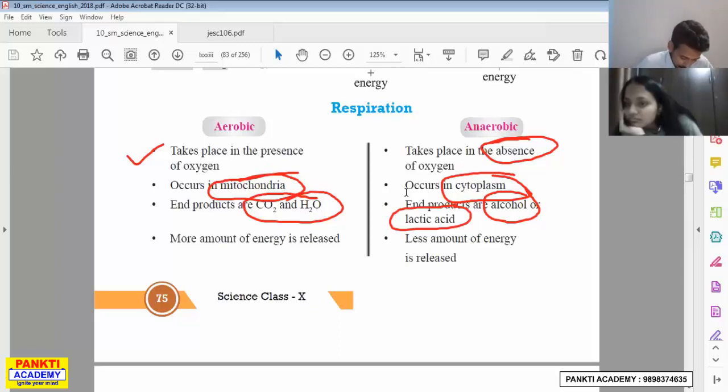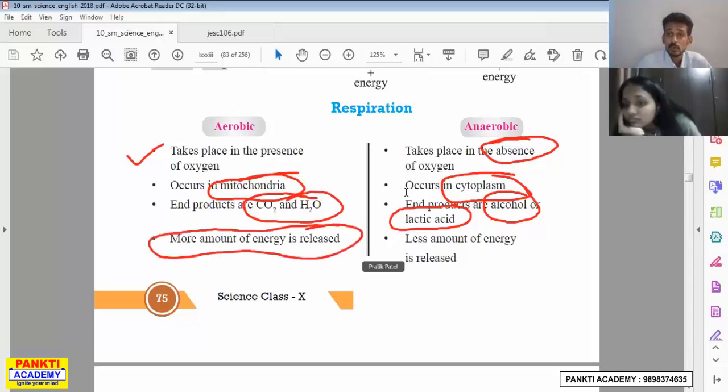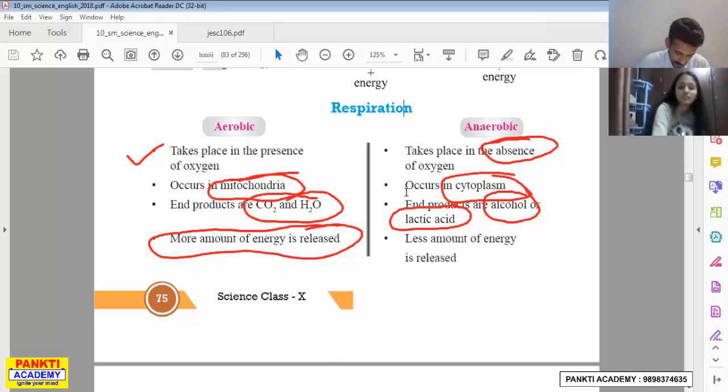In aerobic, more energy is released compared to anaerobic. Compared to aerobic, less energy is released in anaerobic. Understood?